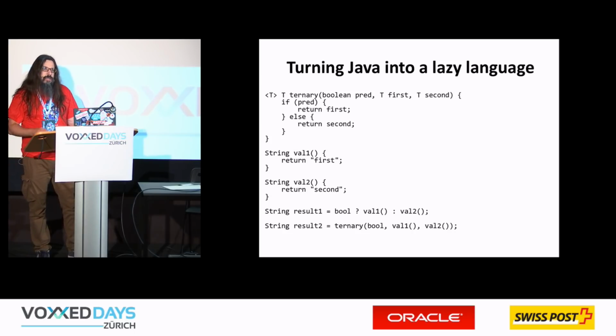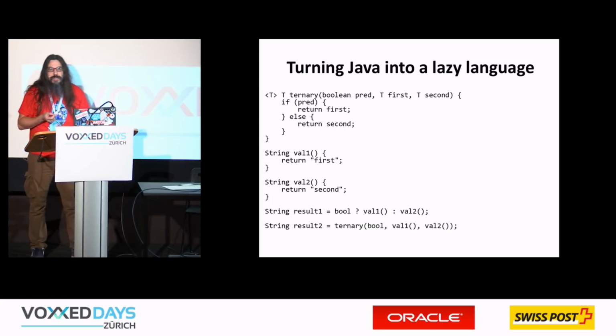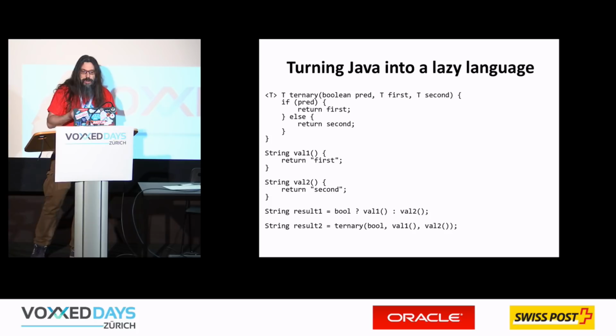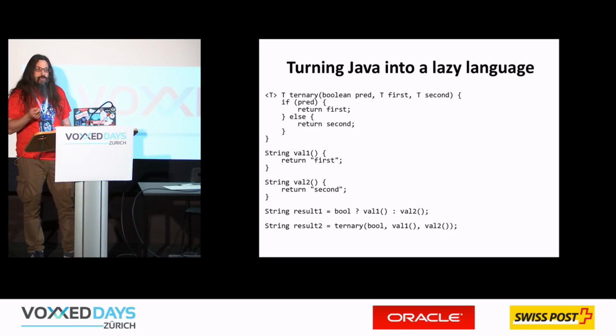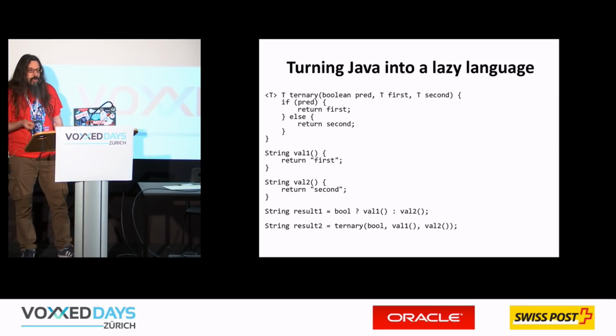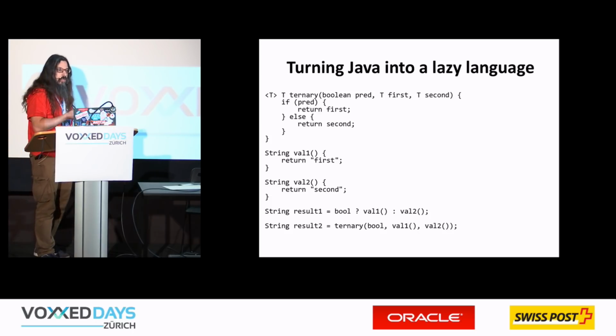Are the two things the same? Unfortunately, they aren't, because as I said, the ternary operator is lazy, while I'm passing val1 and val2 to the method, so both val1 and val2 will be evaluated regardless of whether they are used in the method or not.